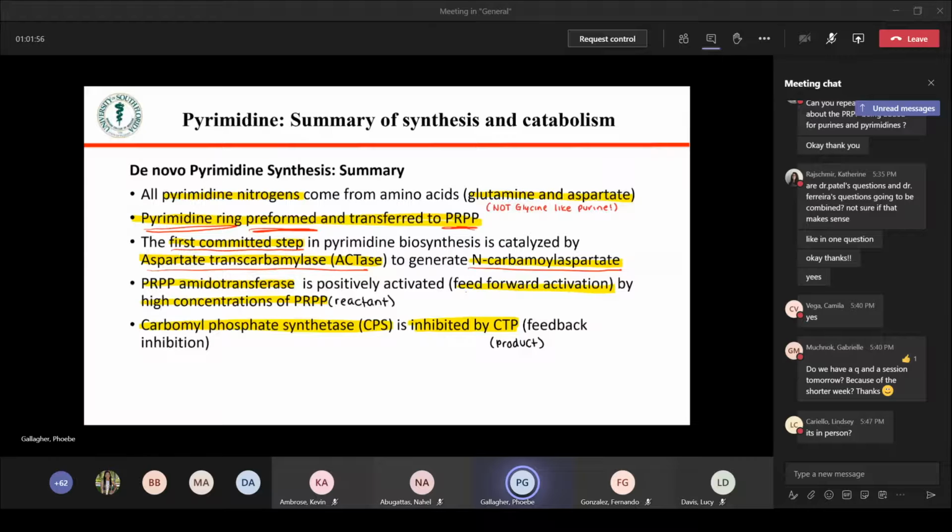Also know the feed-forward activation, the same thing as purines here: the PRPP increases and you wind up with more product because of that. And then know that you can inhibit CTP at CPS to stop the production of CTP.